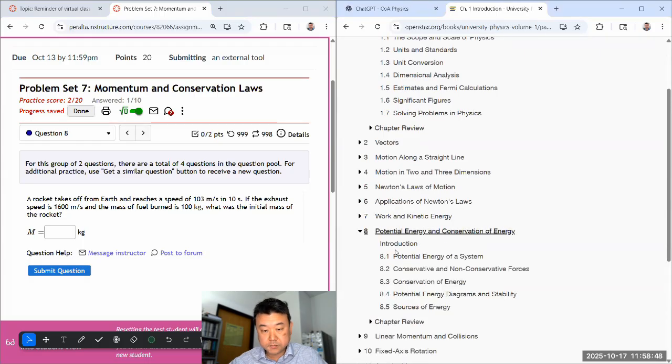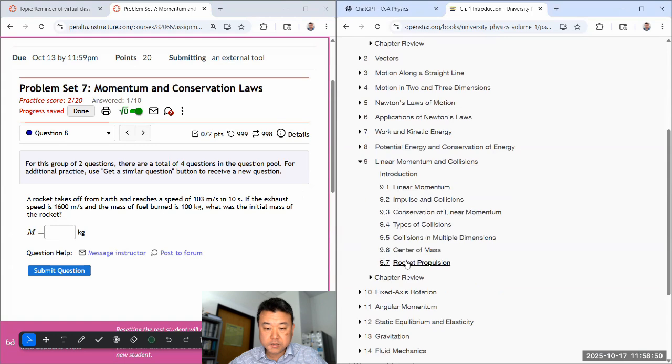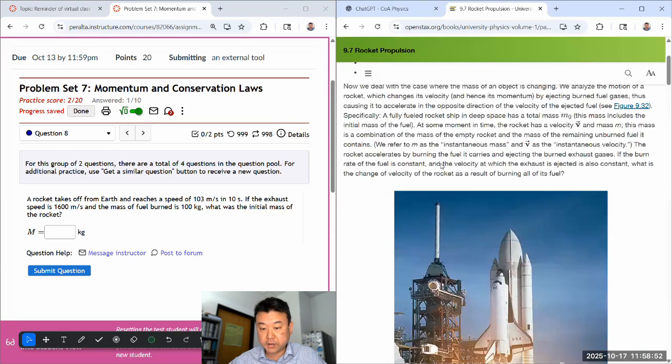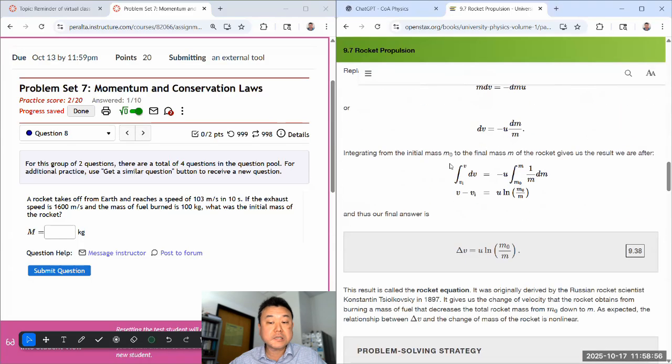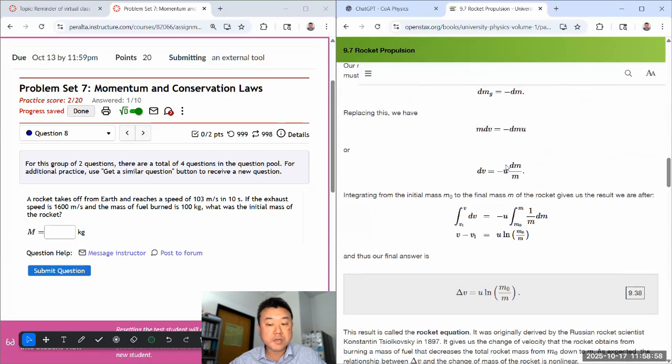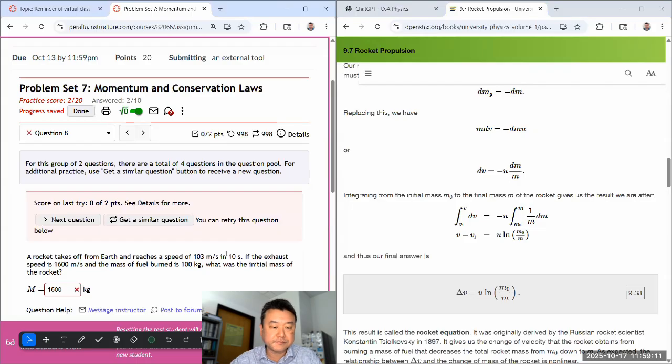There's the first rocket equation that they give you, and it's possible that you stop here and use that to find an answer. When you use that, I'm just going to guess, I think it's going to be something like 1500.